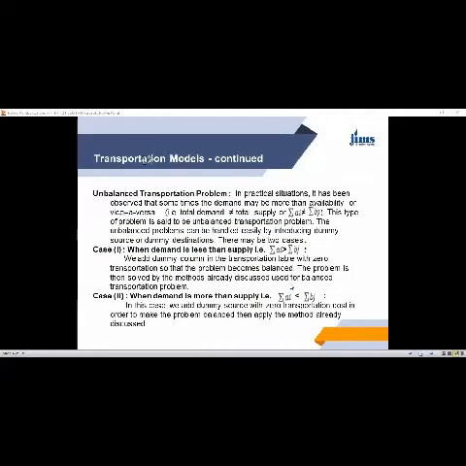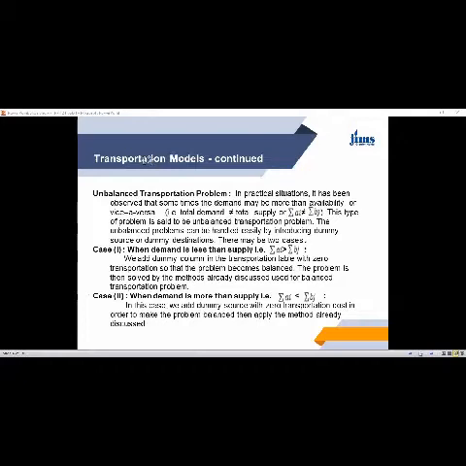So far, we have discussed only those cases where the total supply was equal to total demand. But now we are going to discuss cases where total supply may not be equal to total demand.